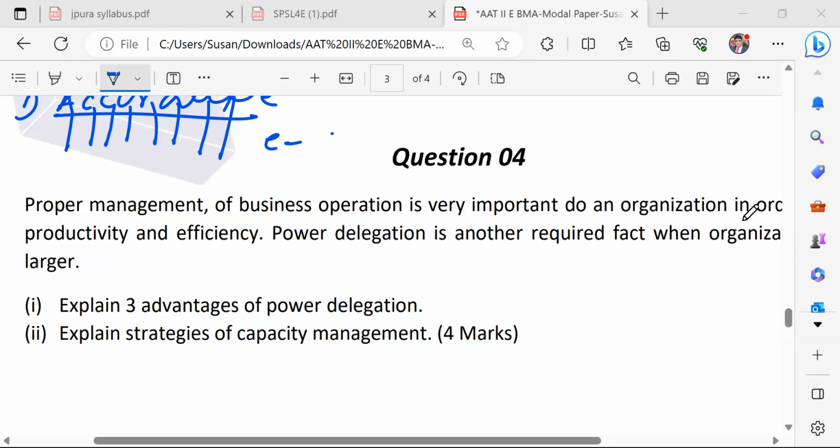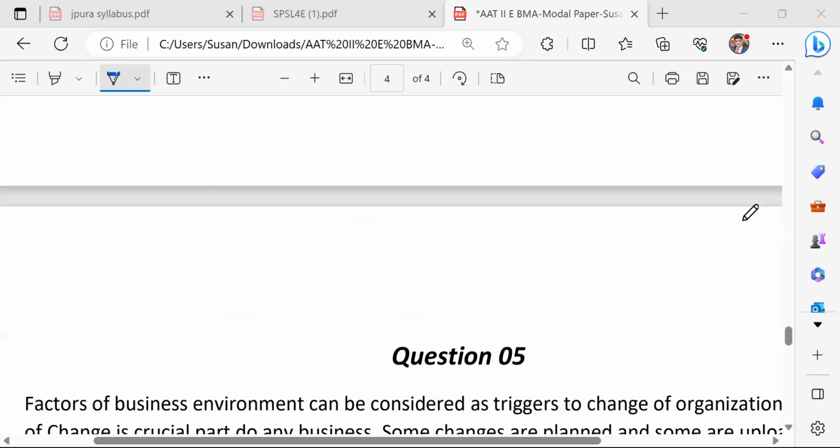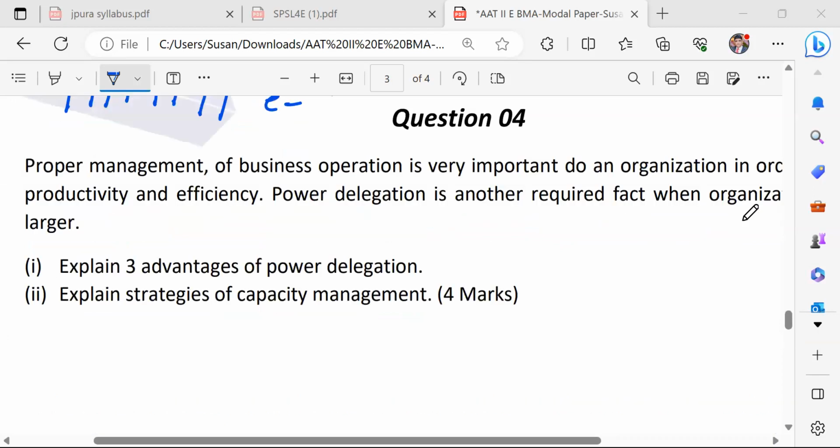You have to explain 3 out of these, right? And you are getting 6 marks. 6 marks are allocated for this question, which means each explanation gets 2 marks. 2 into 3 is 6 marks.